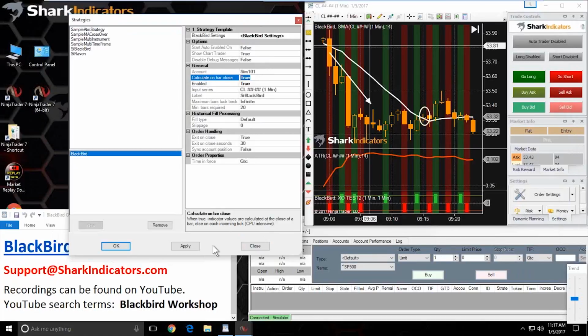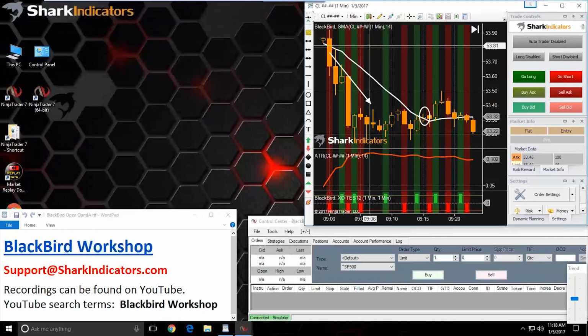I'm running BlackBird set to true, so we have to wait for the bar to close before indicators can get evaluated. NinjaTrader will only evaluate an indicator when the bar closes. That's how this is set right now.